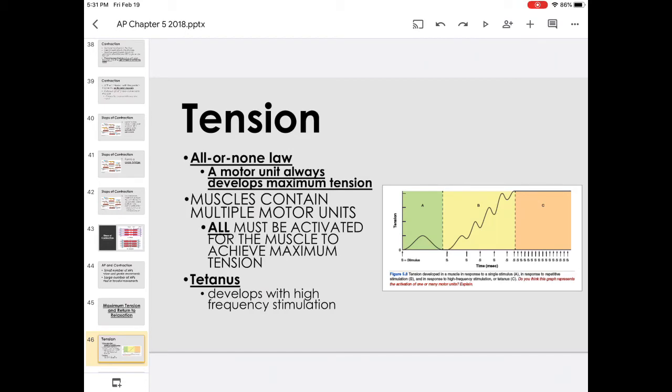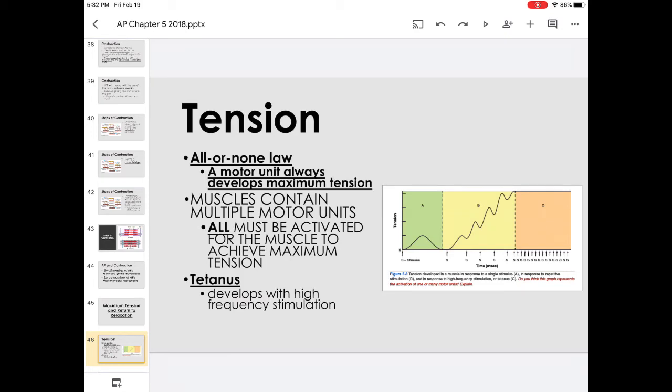Because each whole muscle has multiple motor units, you're going to have a simultaneous activation of many motor units in order for a muscle to reach maximum tension. So to receive maximum tension, you need a lot of motor units working together to get to that point.